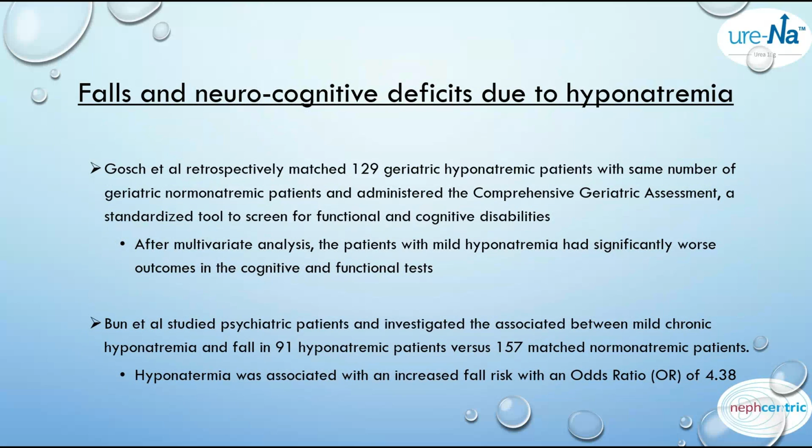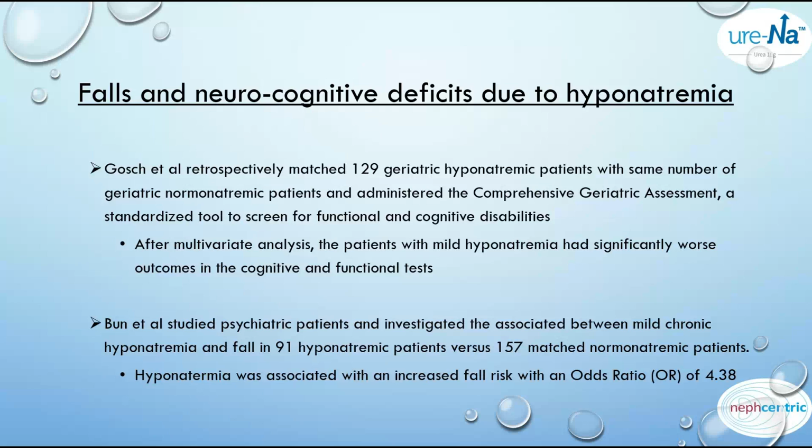In the next slide, falls and neurocognitive deficits due to hyponatremia are depicted. The couple of studies in this slide include those of Ghosh et al. and Bunn et al. The one that Ghosh did matched about 129 geriatric hyponatremic patients with the same number of geriatric normonatremic patients.